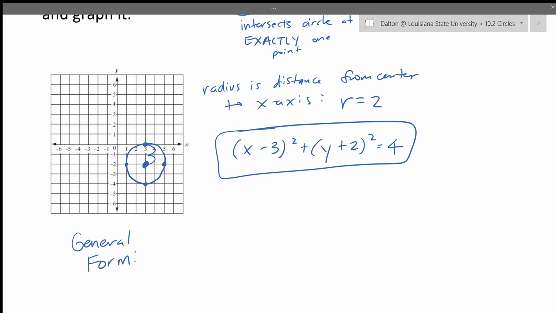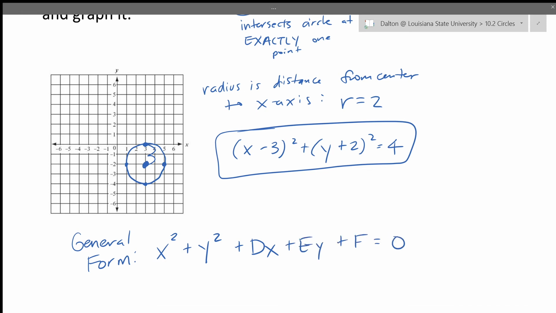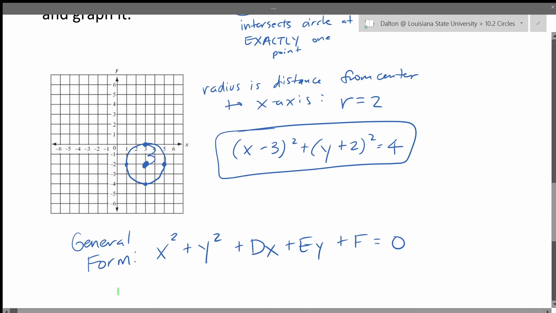It's kind of like slope-intercept form of a line. You see the slope, you see the y-intercept. Standard equations of lines are not as easy because they don't tell you what you need to know. Similarly with general form, you get x squared plus y squared plus dx plus ey plus f equals 0. So this is the second big takeaway, the general form of a circle.